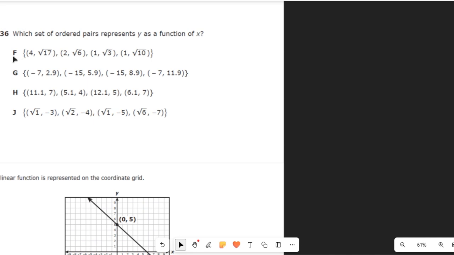Now let's test. For f, we have the values of x: 4, 2, 1, 1. And remember, in an expression like this, the first value is the x and the y is the second value, which is the output.